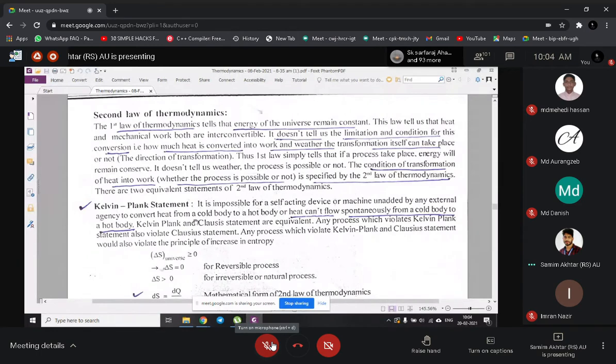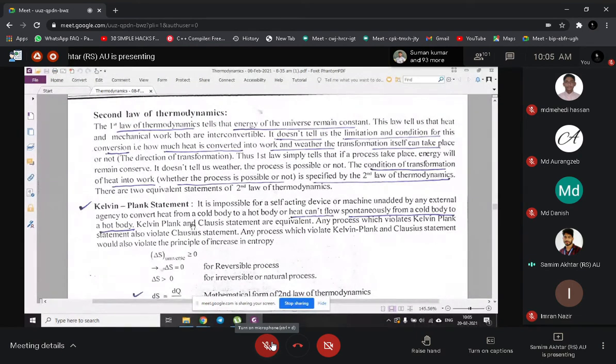It clearly says that without any external agency we could not transfer heat from a cold body to a hot body. That means heat cannot flow spontaneously without any external agency.